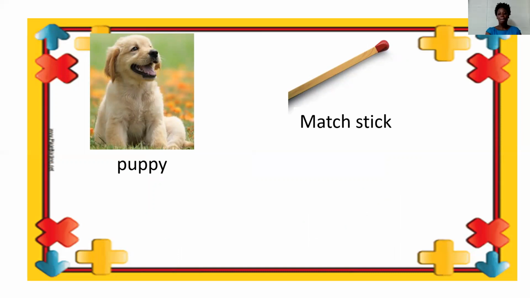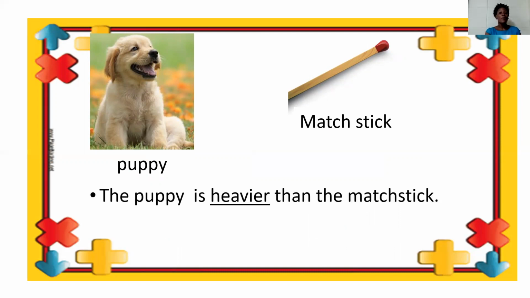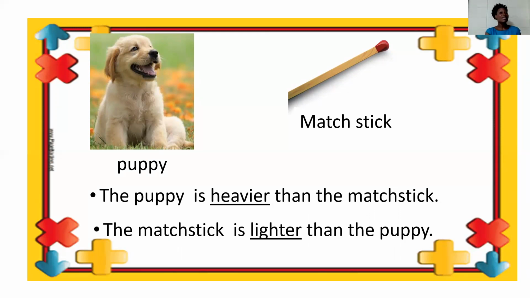Okay, let's go. My sentence for heavier says, the puppy is heavier than the matchstick. Is that what you have? Excellent thinking. My sentence for lighter says, the matchstick is lighter than the puppy. Is that the sentence you wrote? Well done.